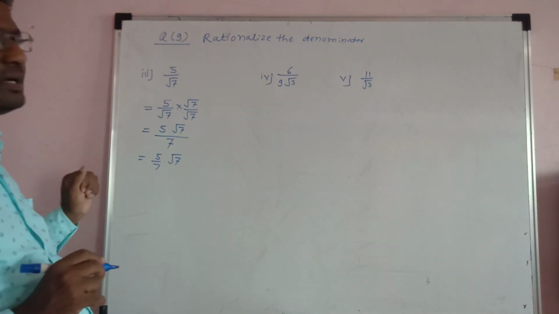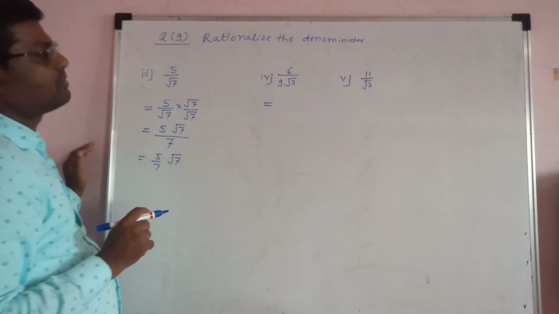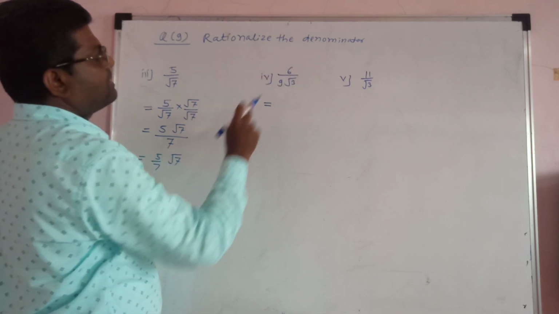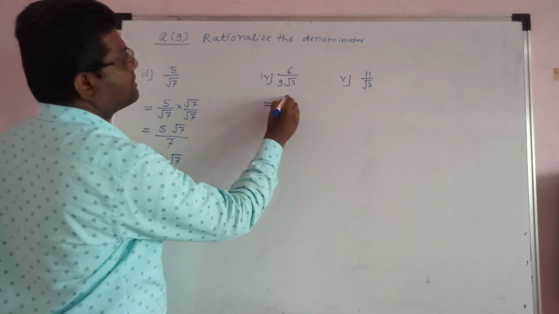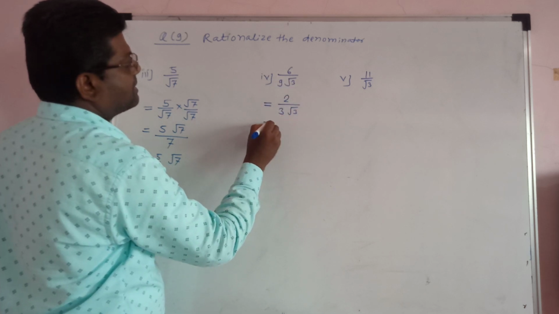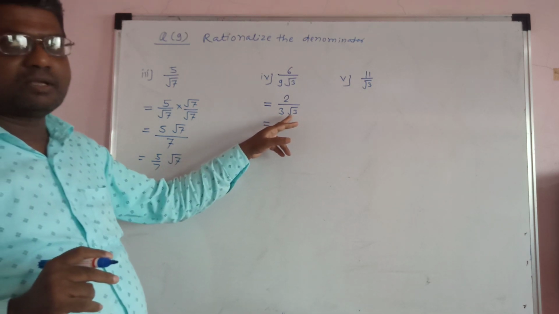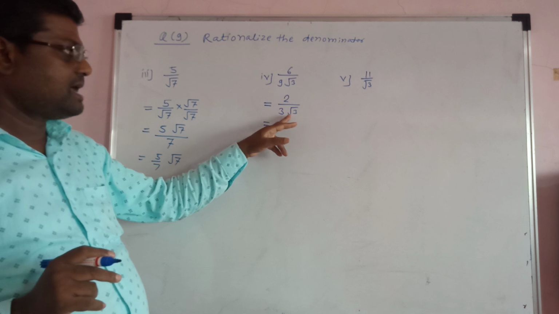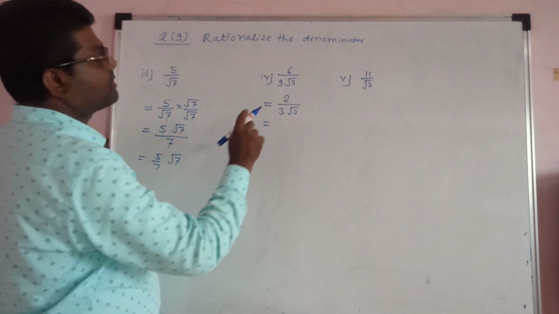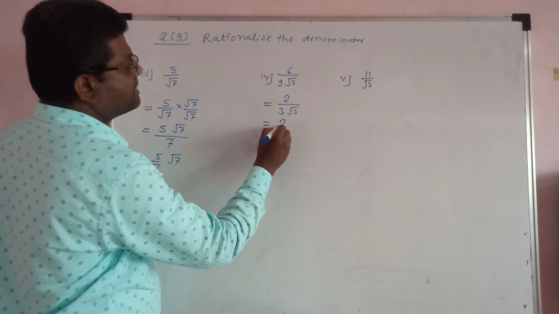Now example number 4. Example number 4 is 6 upon 9 root 3. Divide 6 and 9 by 3. So we'll get 2 upon 3 root 3. In the denominator 3 root 3. The rationalization factor of 3 root 3 is root 3. Therefore we multiply numerator and denominator by root 3.